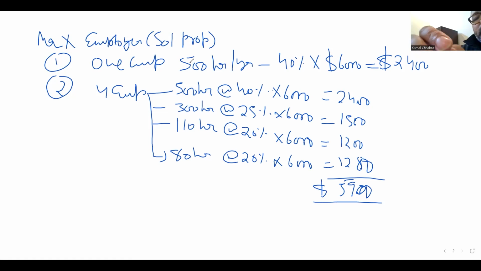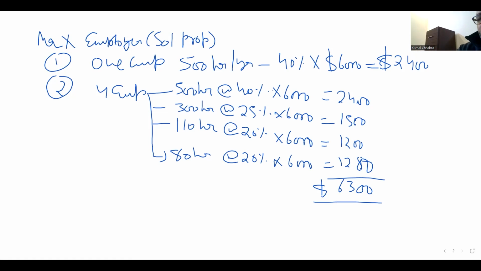Sorry, have I done the math wrong? How much is it? So 24, 24, 48, 58 plus 5, 63, 6,300. Have I done the math right? Yes, sir. So $6,300 is the tax credit, right?